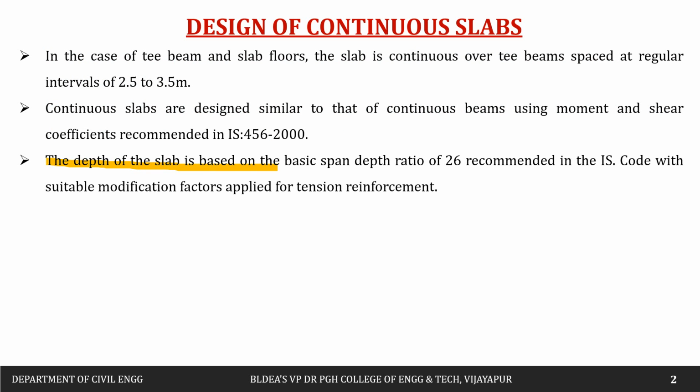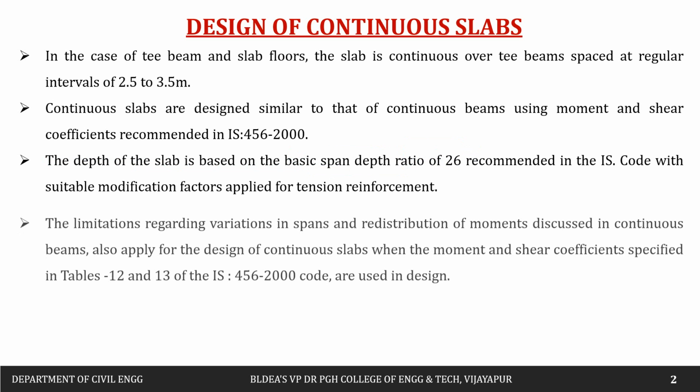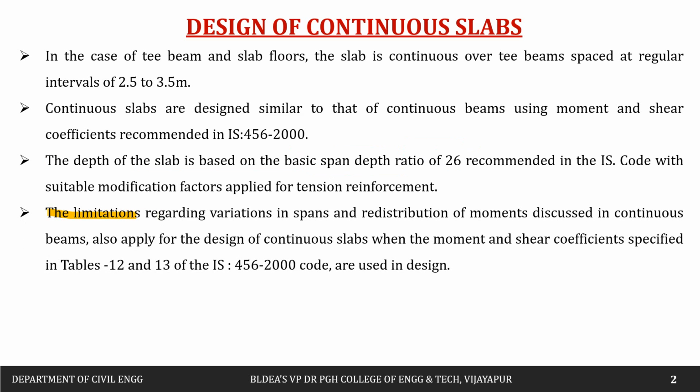The depth of the slab is defined based on span to depth ratio, which is 26 for continuous beams or slabs. Then next, the limitations regarding variations in the span and redistribution of moments discussed in continuous beams also apply for design of continuous slab.